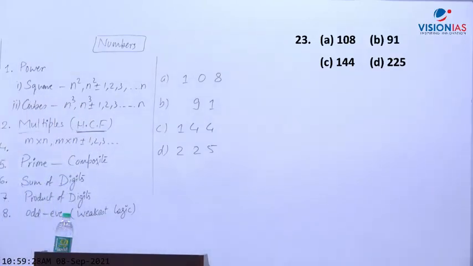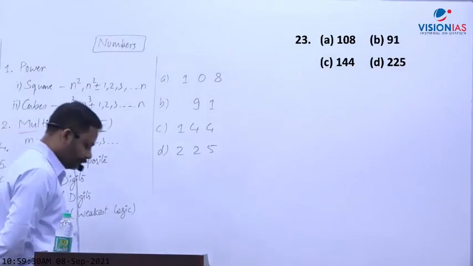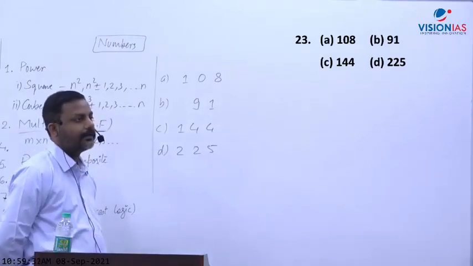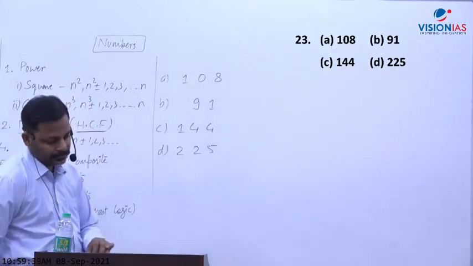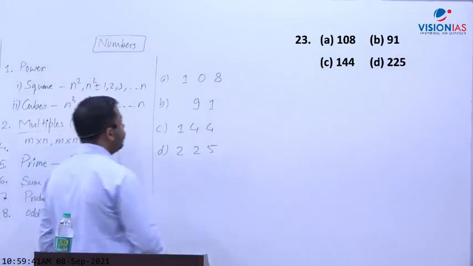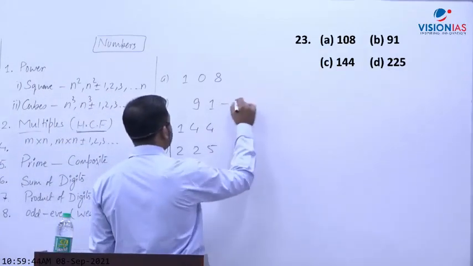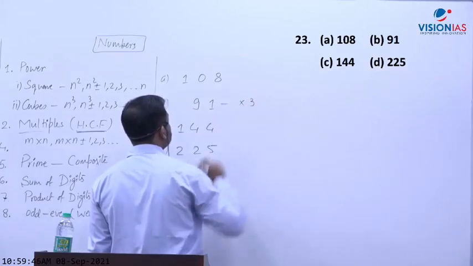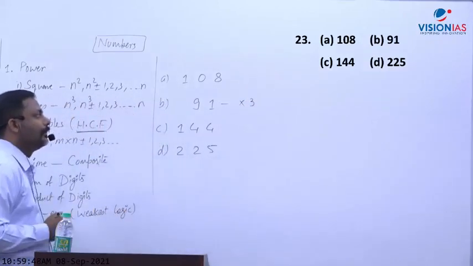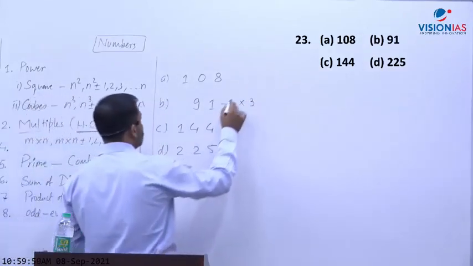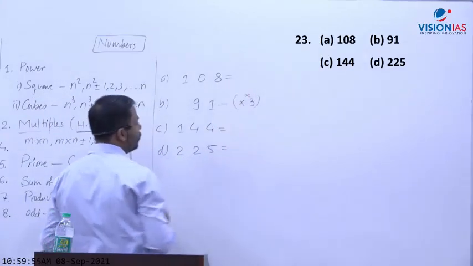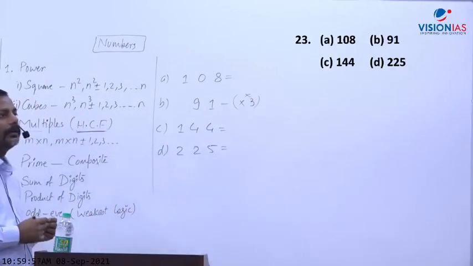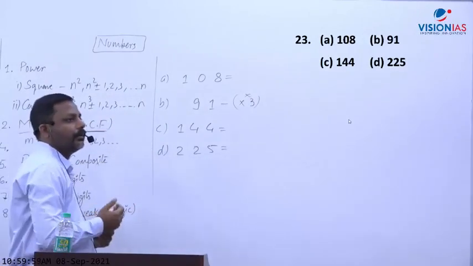Okay, you were giving the answer of the previous question. 23B, not a multiple of 3. Yes. 91 is not a multiple of 3. The rest are multiples of 3. So these three numbers are multiples of 3. 91 is not a multiple of 3.